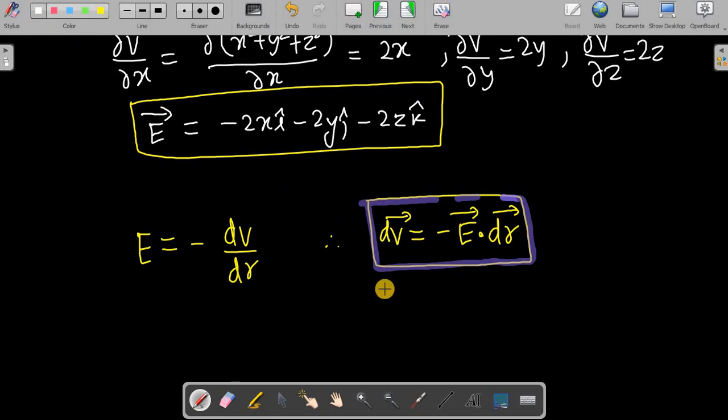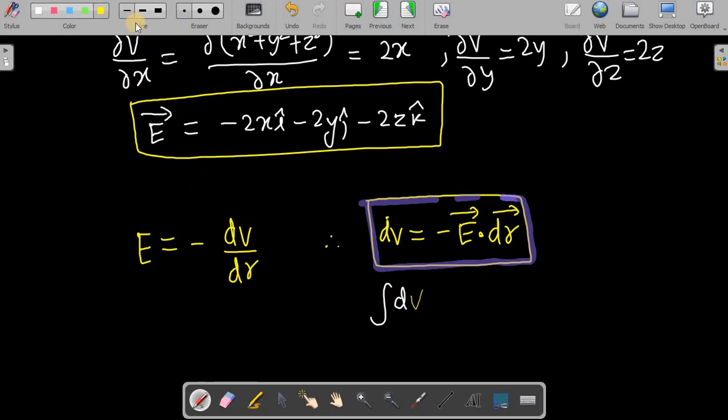That's why when you are going to integrate both sides, this dV is not a vector. This dV that we are saying is the change of potential, right? So this dV is just the change of potential. dV is not a vector, it is the change of potential.